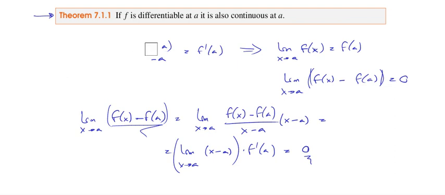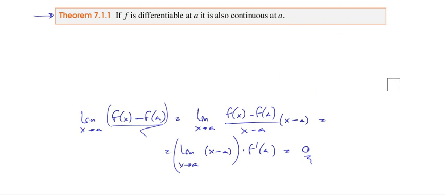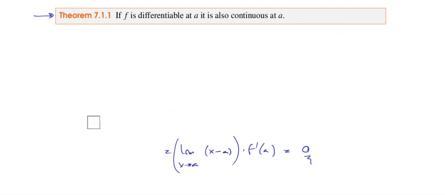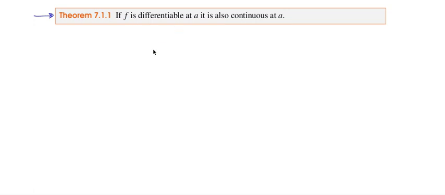So it's a very important theorem, and a very important consequence of this is that functions that are discontinuous will not be differentiable at the discontinuities, right? But another way of saying this is that if f is differentiable at a, it is also continuous at a.